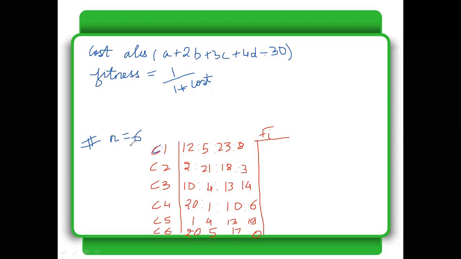Once I have this, I can simplify the fitness. If the cost of C1 is 93, then the first fitness would be 1 over 1 plus 93, that is 1 over 94, which comes out to be 0.0106. Similarly, I compute the fitness for the other members in my population.